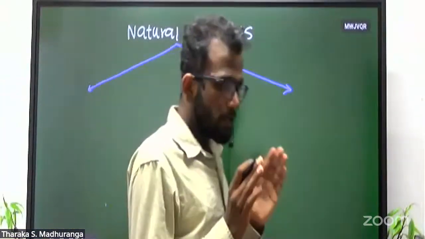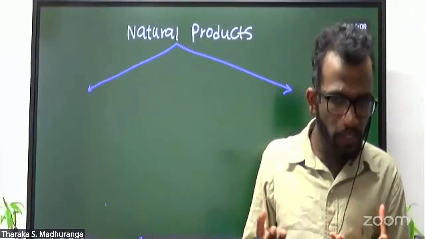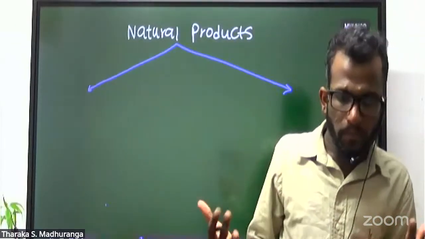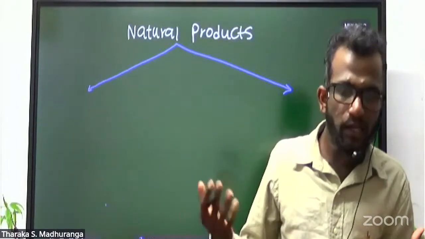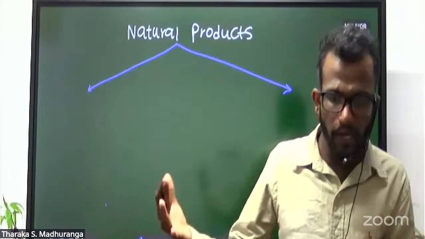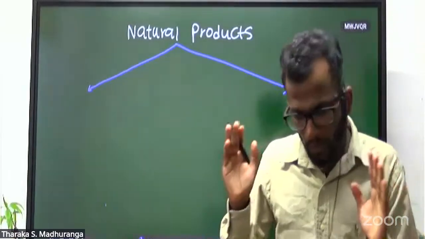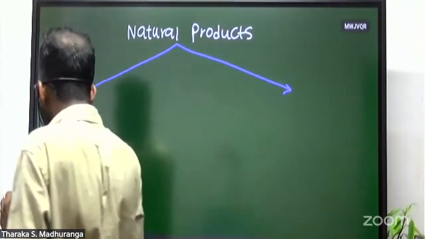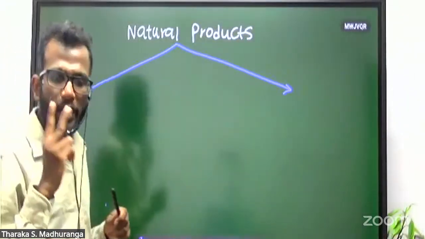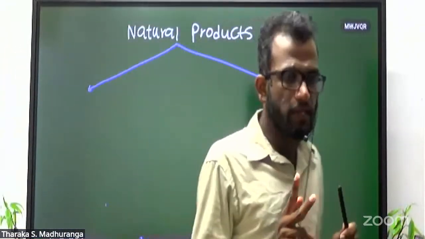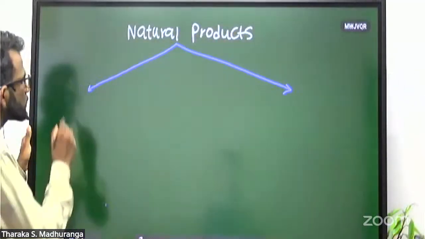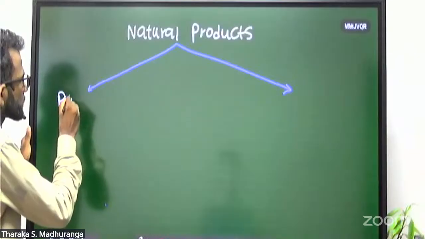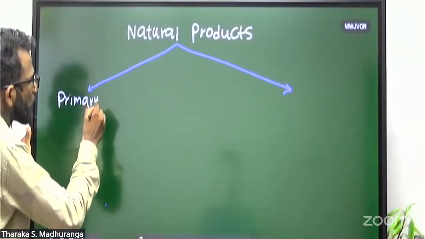Okay, the natural products mean what? The natural products mean any compound produced in organism using as starting material carbon, hydrogen, oxygen, nitrogen, and sunlight. Okay, simple. Now the natural products we can divide into two main types. The first one is primary metabolites.